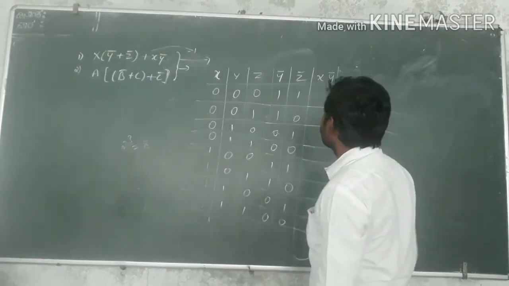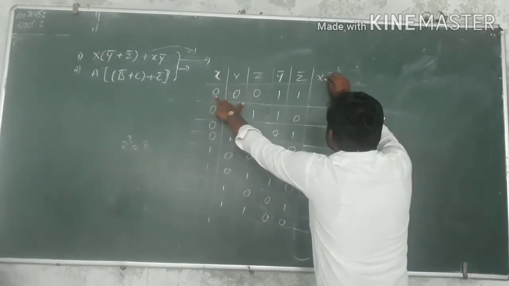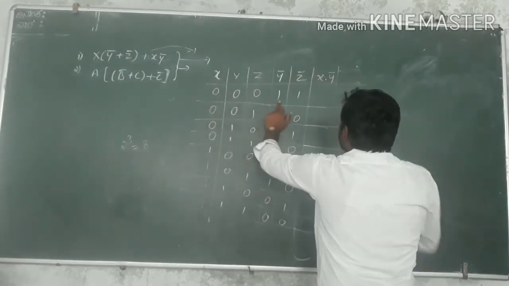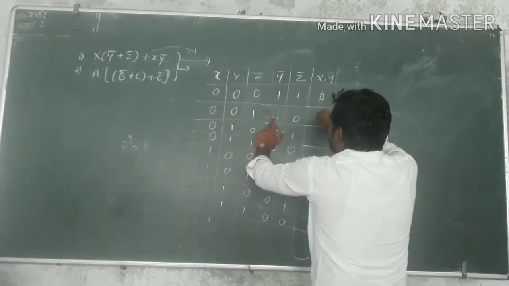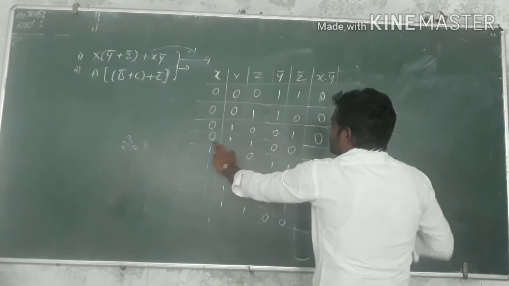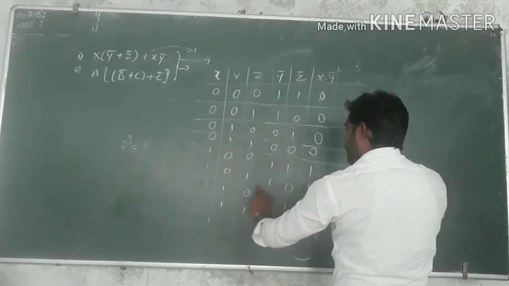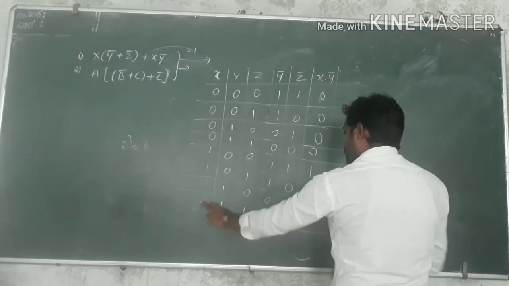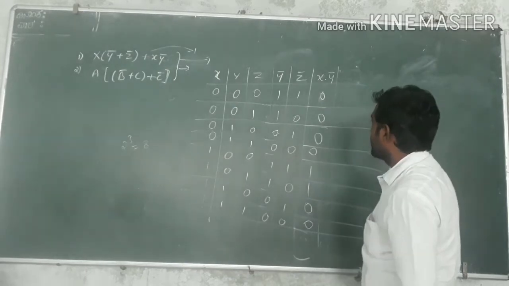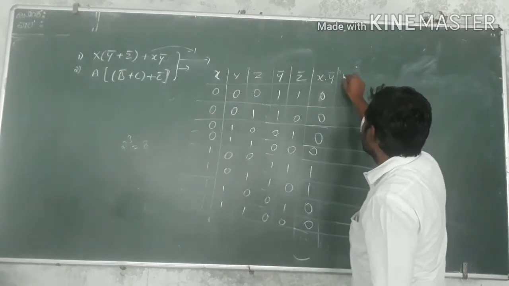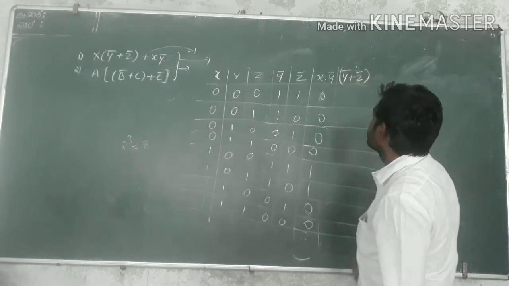So x into y complement in the sense x we have a value, y in the sense y complement. It is x dot, in the sense 0 into 1 is 0, 0 into 1 is 0, 0 into 0 is 0, 0 into 0 is 0, 1 into 1 is 1, 1 into 1 is 1, 1 into 0 is 0, 1 into 0 is 0. Clear?